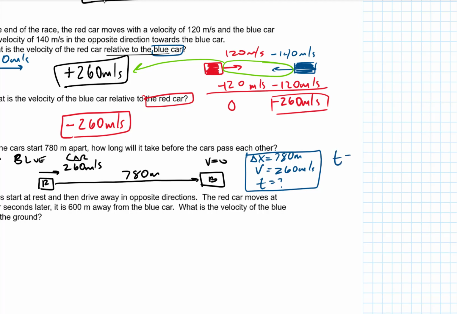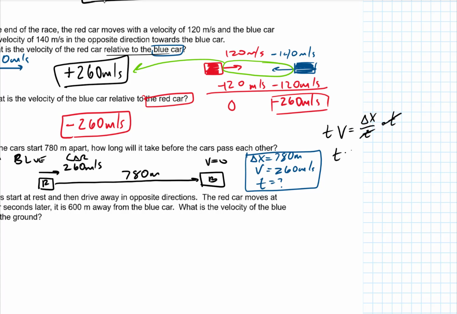And we know that the time, you know what, this is a good opportunity to show that again. If I have velocity equals change in displacement over time, and I want time by itself, multiply both sides by time.